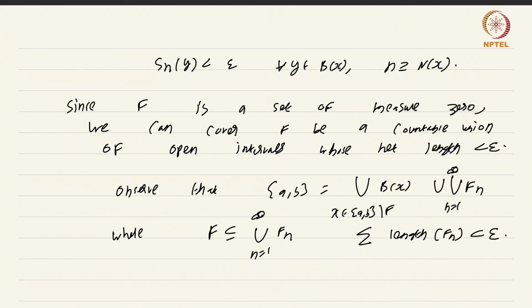These Fn's are open intervals whose net length is less than epsilon and they cover F. AB is compact.